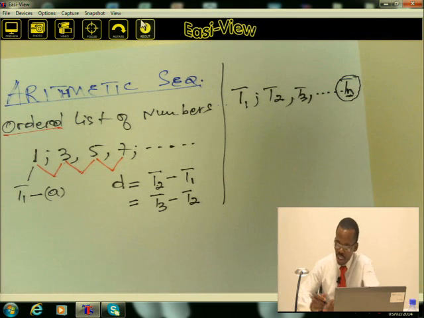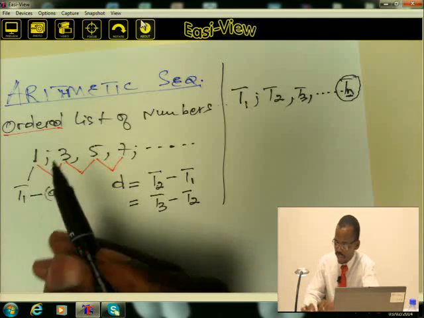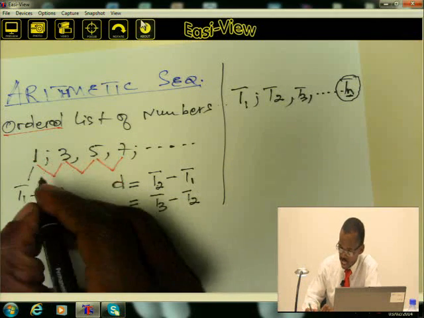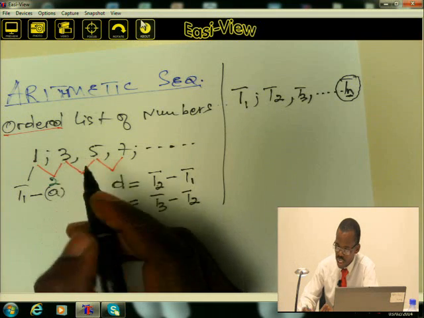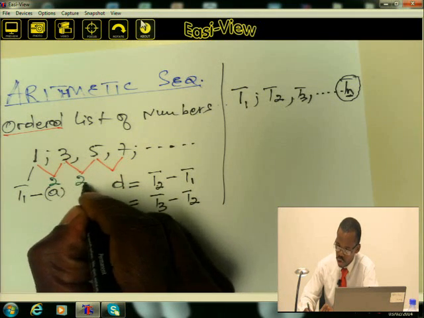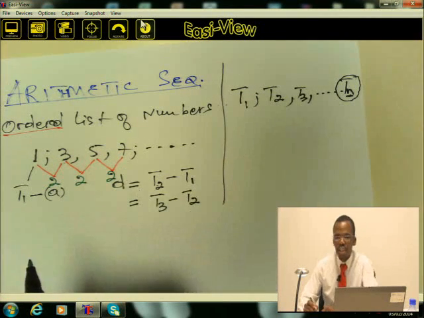Now, if you look at this one, you'll find that the difference between 3 and 1 is 2. The difference between 5 and 3 is also 2. Between 7 and 5, the difference is still 2.